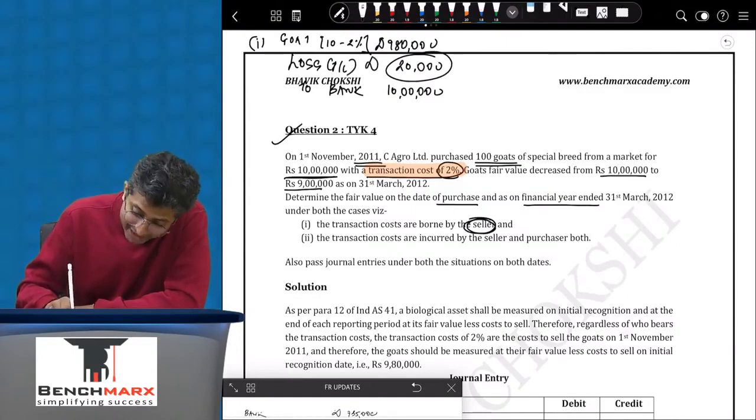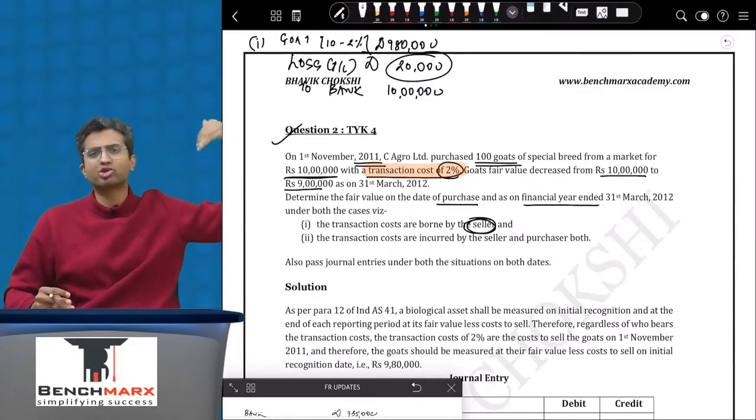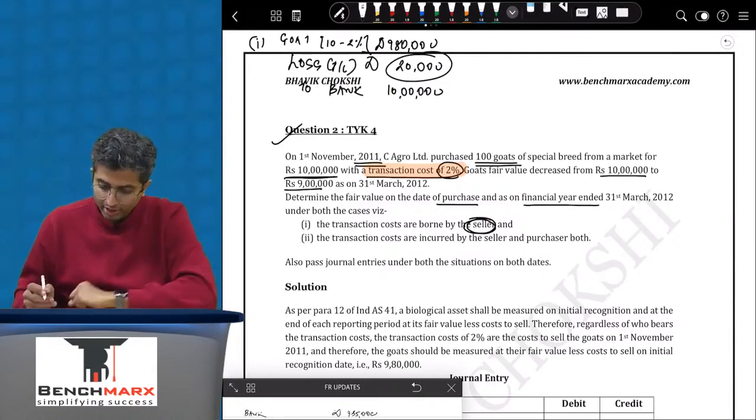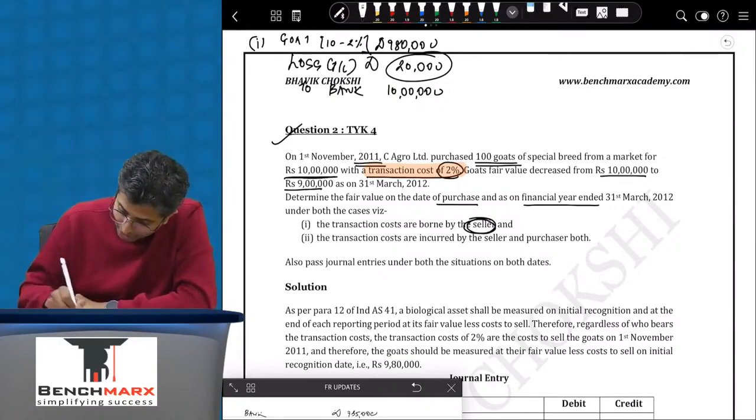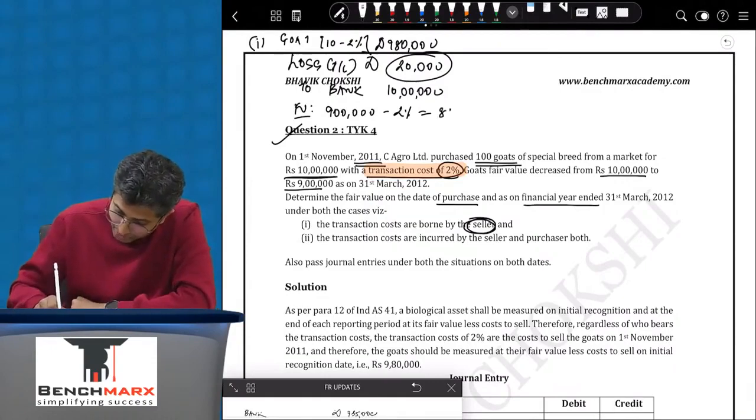Sir, we have not spent so far. Yes, but you will have to spend when you sell. Okay. Subsequently, on 31st March again, the value is 9 lakhs. However, this 9 lakhs, if you sell it, you will get 2% less. So 9 lakhs minus 2% comes to 8,82,000.